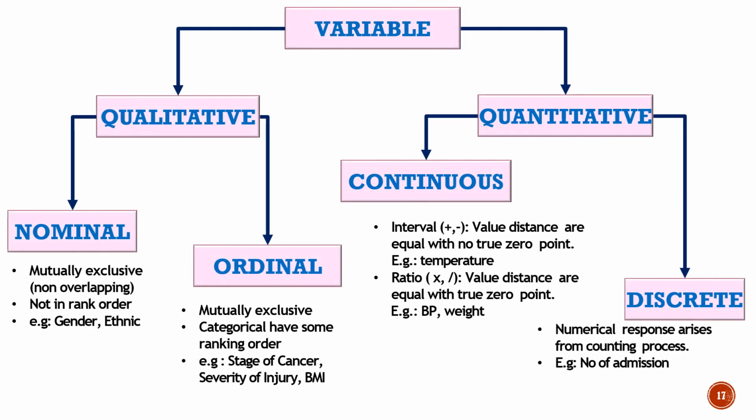To summarize here, this is the overall structure of variables, including the type, the hierarchy, and also the examples. We know that variables can be differentiated between qualitative and quantitative. For the qualitative, it should be what we call categorical.